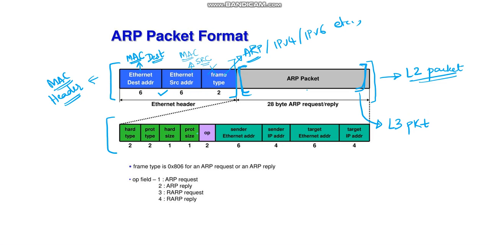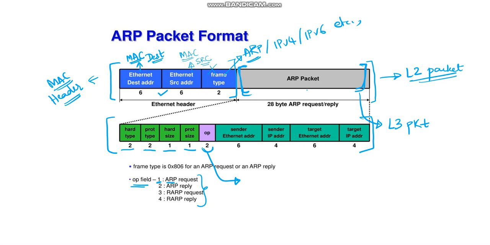So what we are seeing here is the expansion of the entire ARP packet. What does the ARP packet consist of? It contains information of hardware type, protocol type, hardware size, protocol size, and then the operation. Operation is nothing but, you can see there are these types of operations.